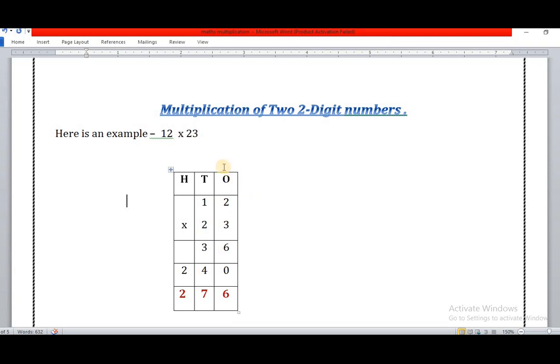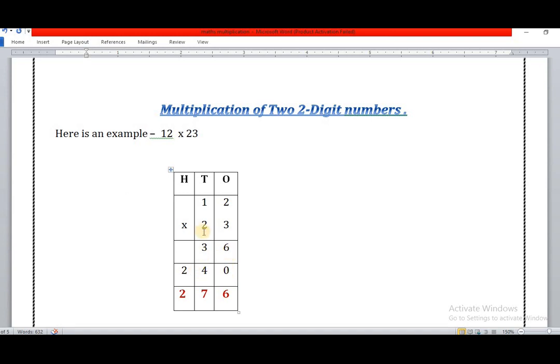Once again I will explain to you. I have written the number according to their place. I have put the sign of into and I have written the number with which I am multiplying. Now first of all I will multiply in ones place. Step 1. I have multiplied the number by 3 into 2. 3 twos are 6. And step 2, I have multiplied 3 into 1 in tens place. 3 ones are 3. Again I have put a sign of 0.